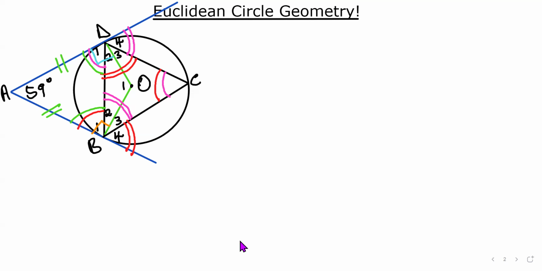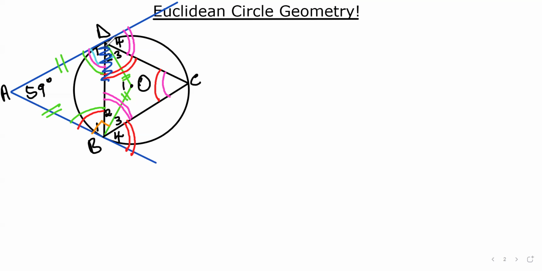Okay, what else? Well, these two lines, they are the radii of your circle. And of course, the radii are equal to each other, which means angle D2 is equal to B2 because we have an isosceles triangle. But there is also another theorem here.